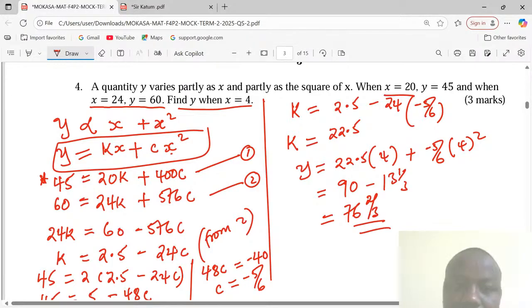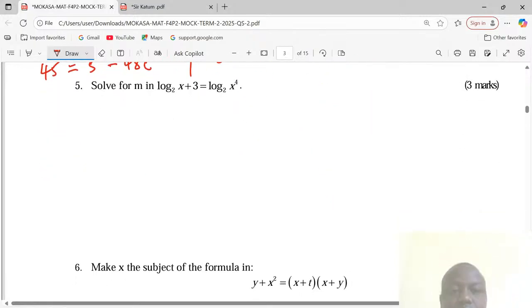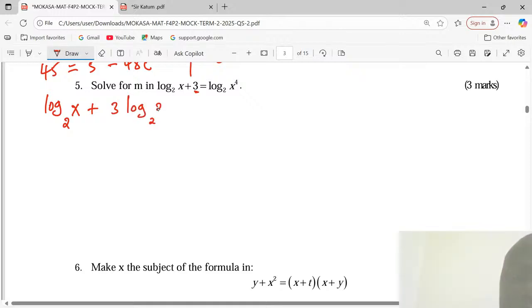76 and 2/3. Number 5 is a log question, and we can solve it. The logarithm of 2 to base x plus, instead of the constant, we can have 3, the log of 2 to base 2 equals to the log 2 base 2 of x power 4.